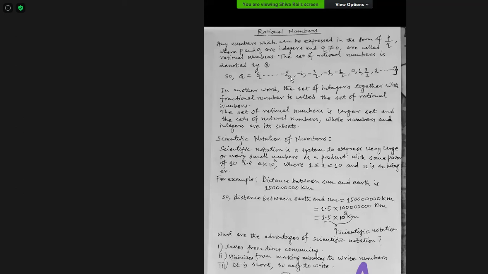Be attentive here. It's important. In higher study, if you want to continue technical subjects, that may be science, that may be any engineering field, you have to use scientific notation, because writing very large or very small numbers takes time.